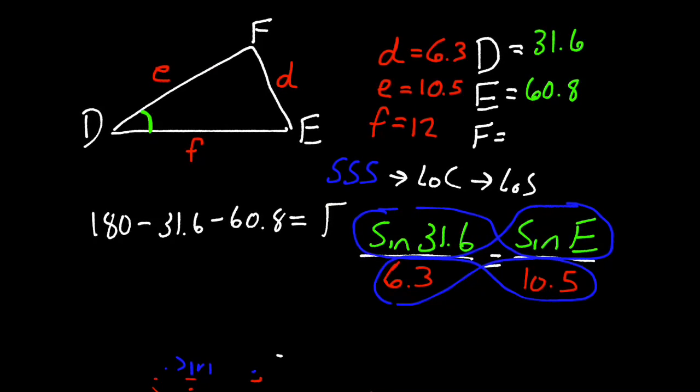That's going to give us capital F. And what are we going to have here? 180 minus 31.6 minus 60.8. We get 87.6. So approximately 87.6 degrees. And all of these are approximate because we had to round all of them.